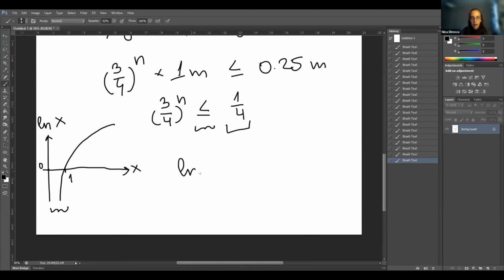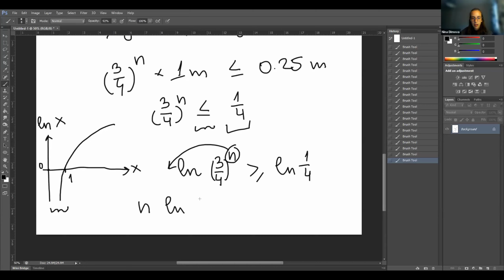So now our equation will take the form log of 3/4 to the power of n is bigger or equal to log of 1/4. And we know the property of logs that this power we can take outside of the log.